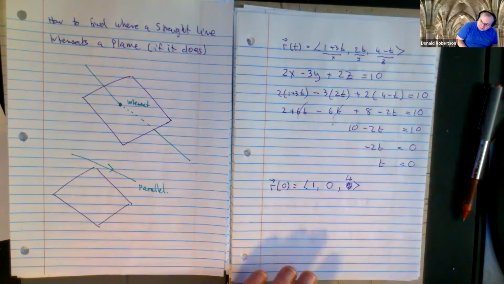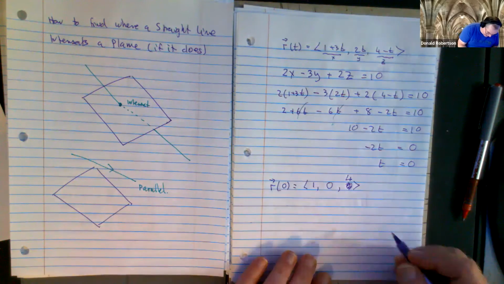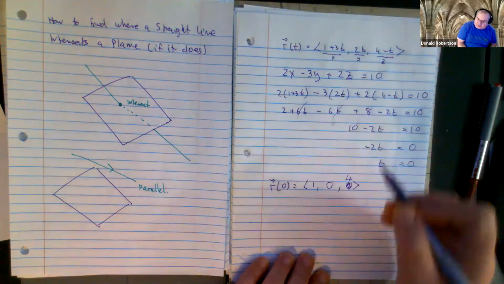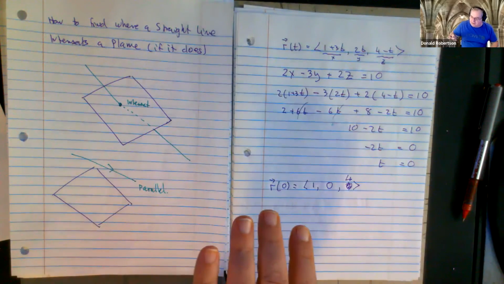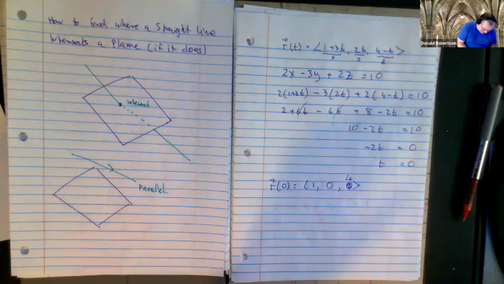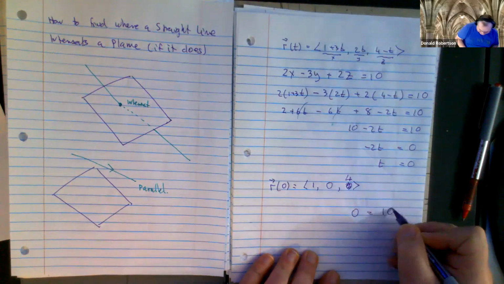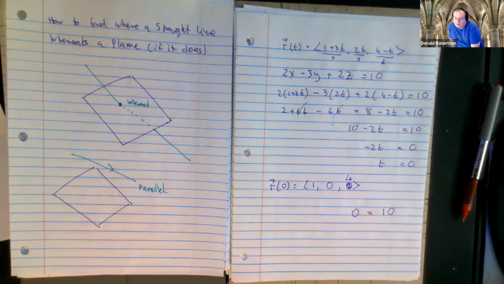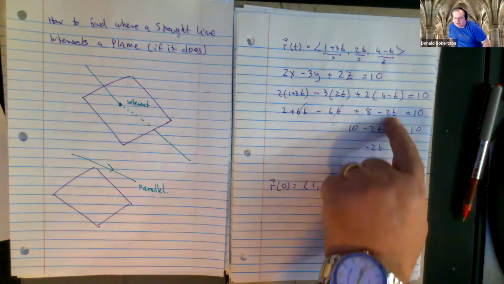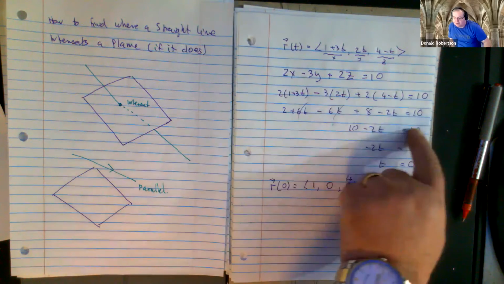Now, can you imagine I did this for a different combination and I tried to solve the equation, right? Okay. And all the t's cancelled out, right? This plus t get killed by that and take away t. And I end up with this answer. What does that mean? I tried to find where the straight line intersects the plane. I did the substitution thing, but all the t's disappeared on me.